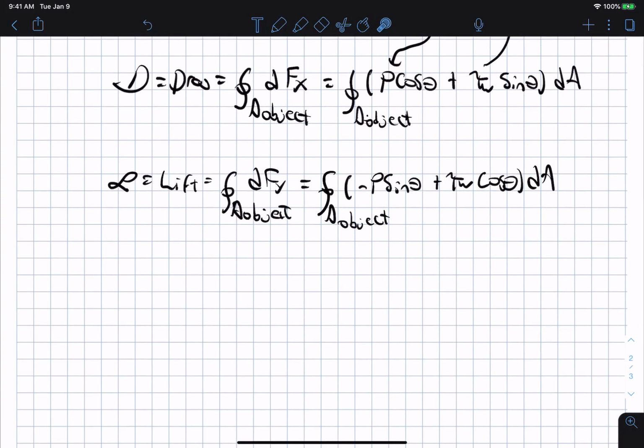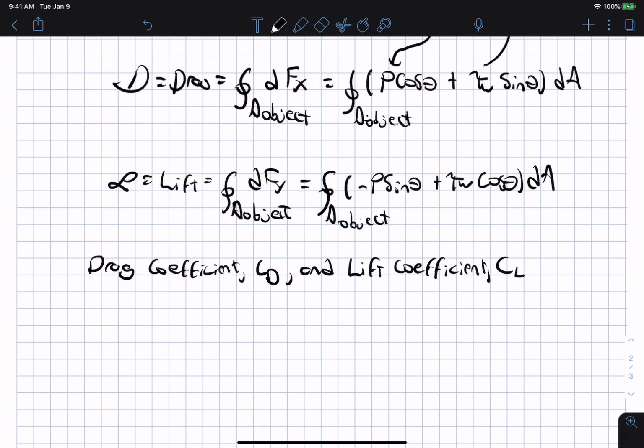And typically these are expressed in terms of the drag and lift coefficients. So the drag coefficient, that's CD, and the lift coefficient, that's CL.